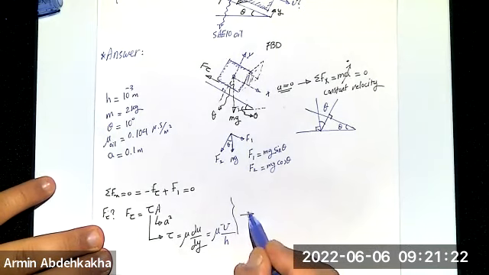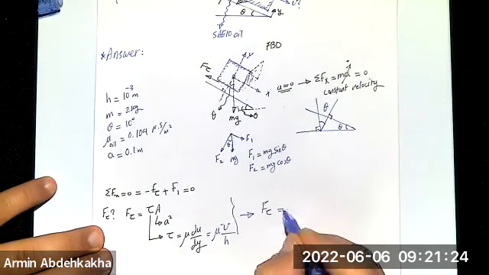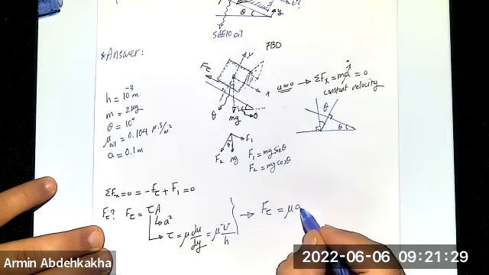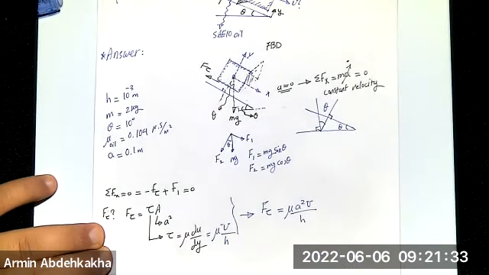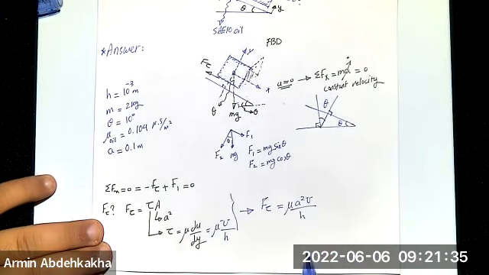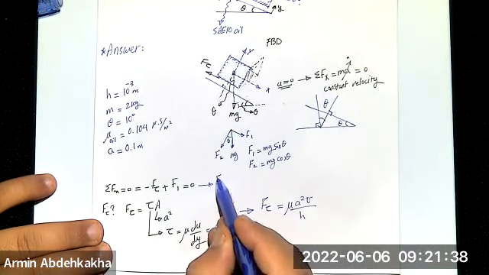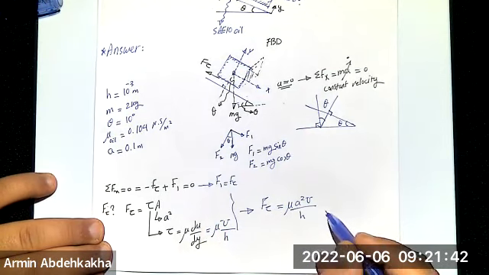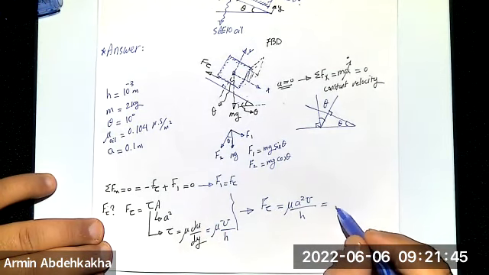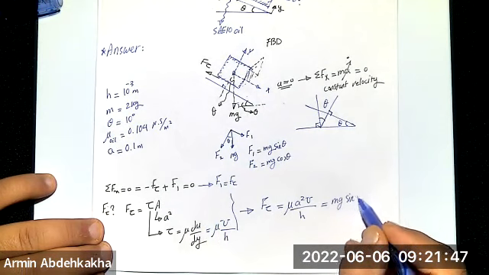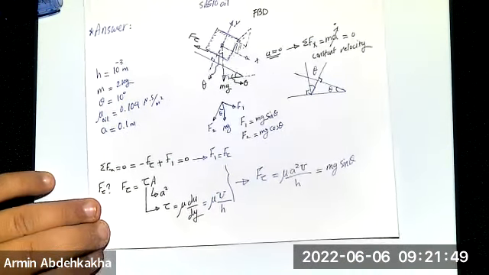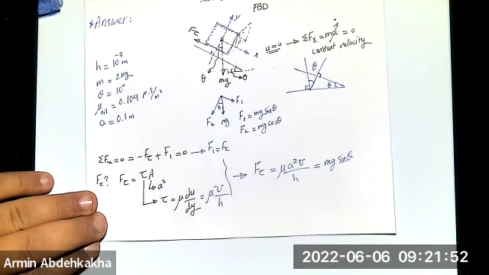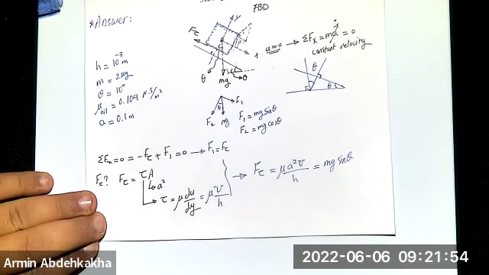Then combining these two, F tau is mu A squared U over H. And based on this, F1 is equal to F tau. So this one should be equal to mg sine of theta. Okay, so what are we asked to calculate?